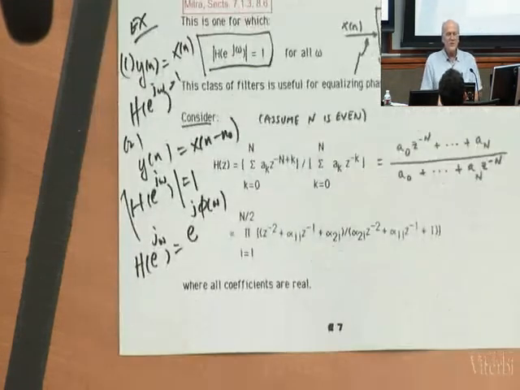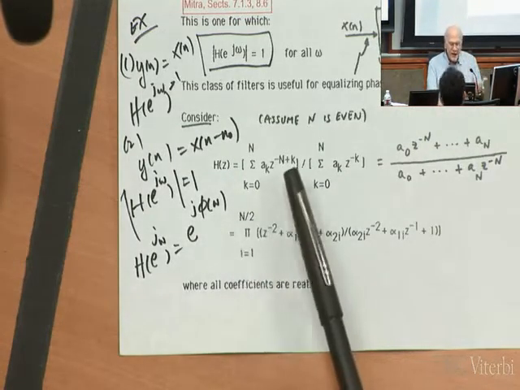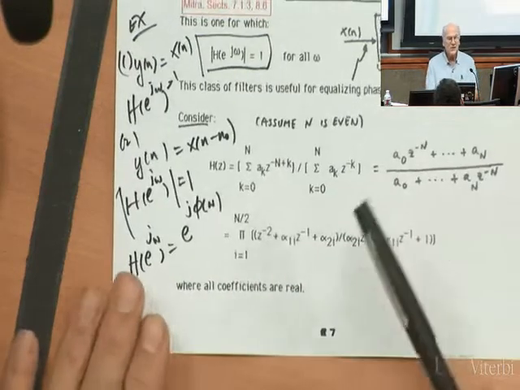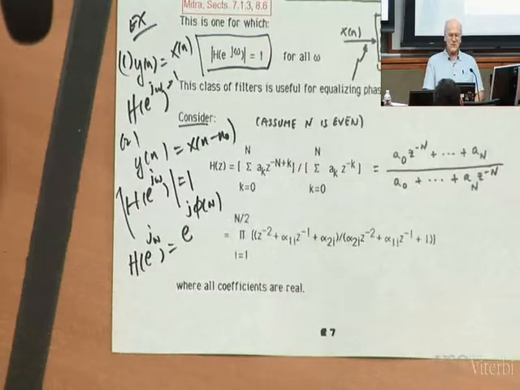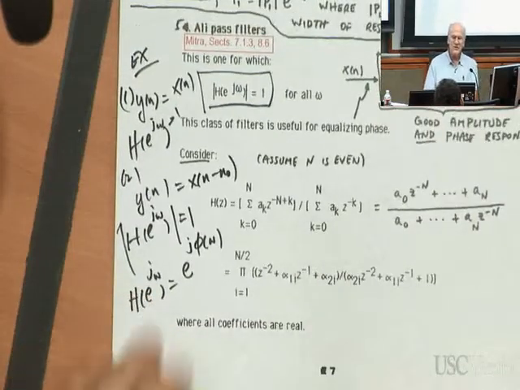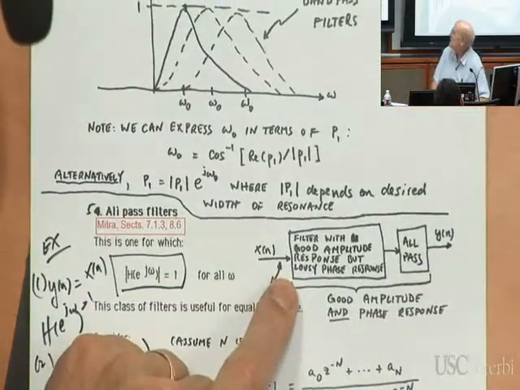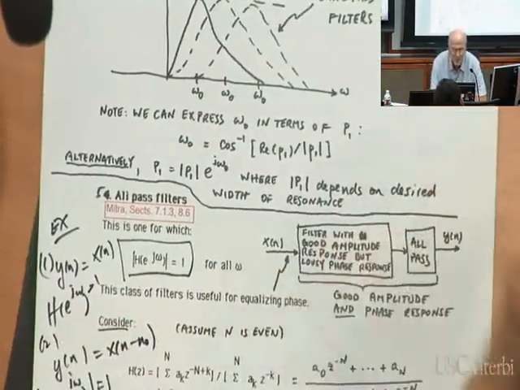So all I've said is the magnitude is equal to 1. I didn't say anything about the phase response. And it turns out these all-pass filters can be designed to have an arbitrary phase response. And one classic reason they're developed is this one I've sketched out here.